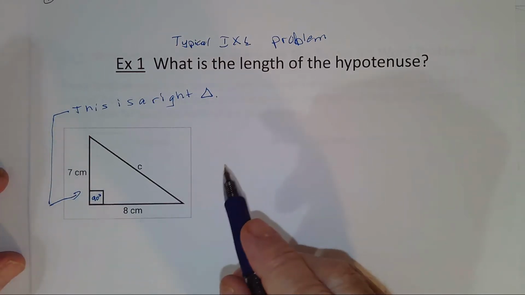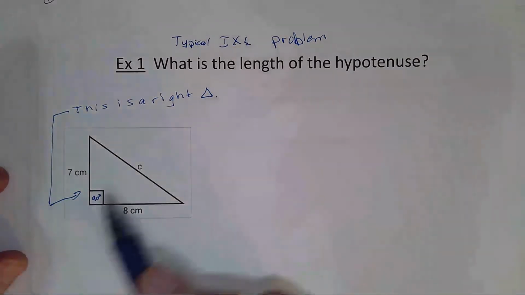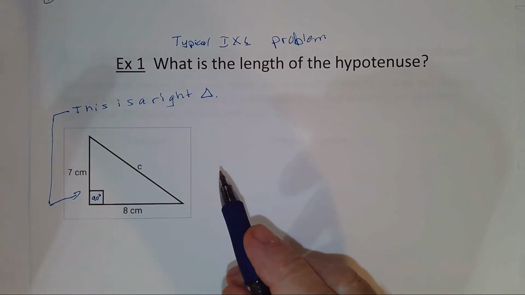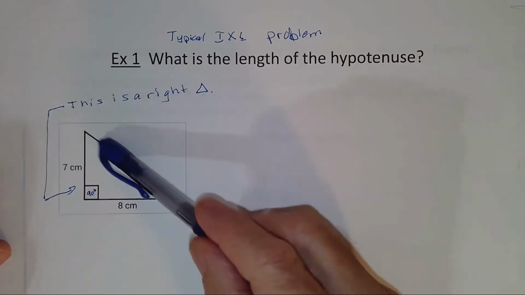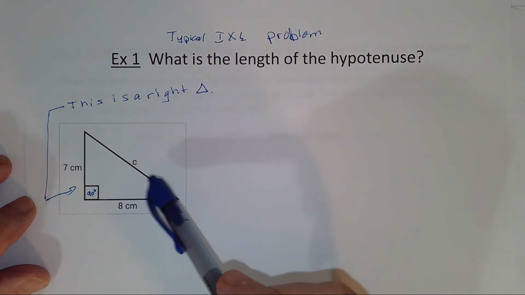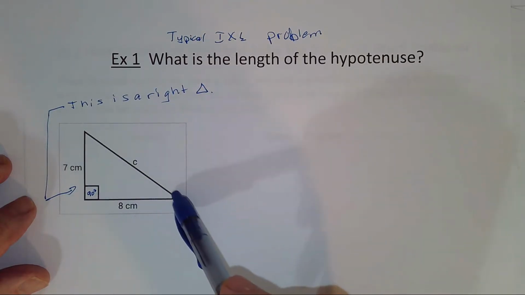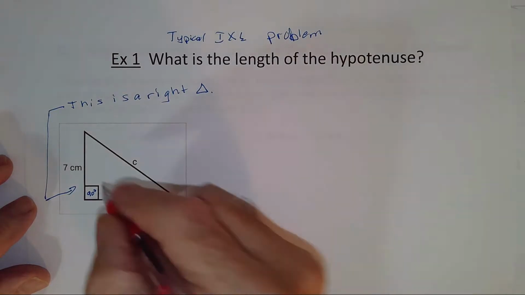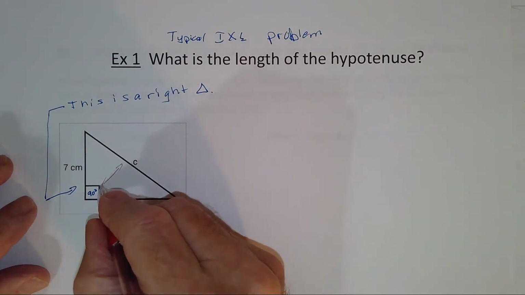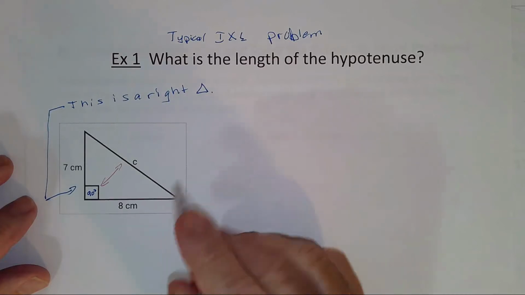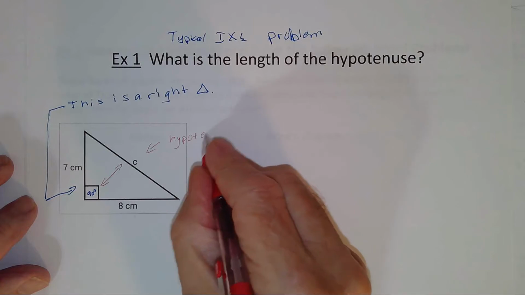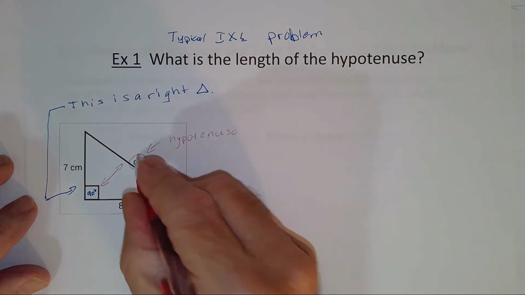It's the hypotenuse. And remember, how can you find the hypotenuse? There's really two ways. One is look for the longest side. The 7 centimeter side, if you just eyeball this, doesn't look nearly as long as the c side, right? Neither does the 8 centimeter one. So c's got to be the longest side. And it just so happens that c is across from the 90-degree angle, and that's always the case. So this is the hypotenuse, and it's always going to be your c, always.